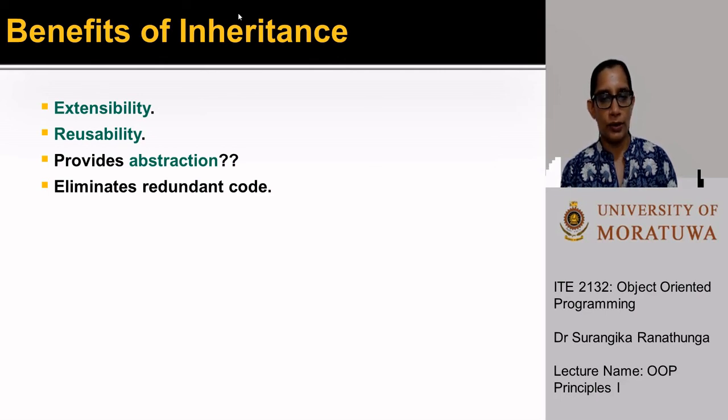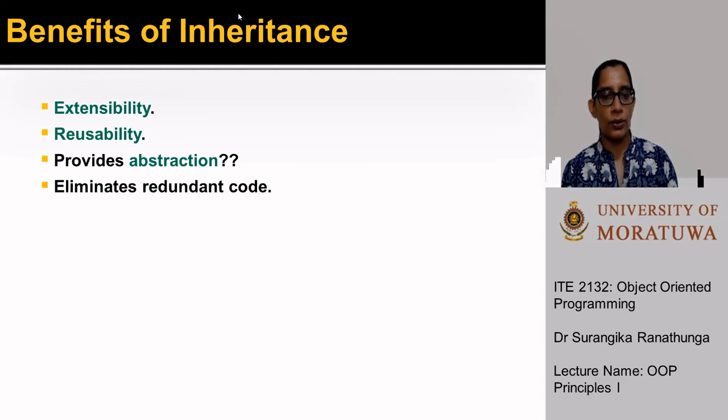Also, in the monster and warrior classes, if we want to add another game inhabitant, maybe some angel or something, that angel can also extend the game inhabitant superclass. So we are extending the code by adding a subclass easily. We don't have to duplicate the code that is in the superclass. We just get the angel class to be a subclass of our game inhabitant superclass.